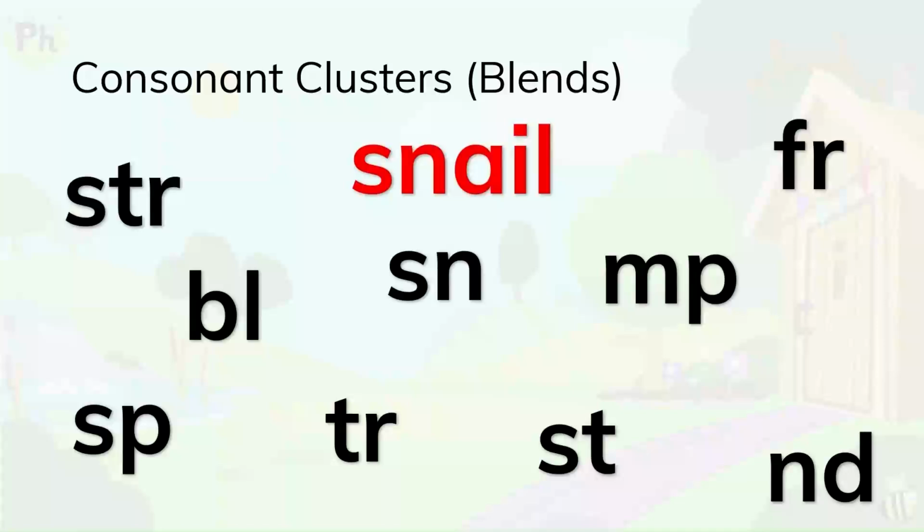A consonant cluster is a group of consonants. They're also called adjacent consonants, and some people call them consonant blends, initial blends, or final blends, depending on where they are in the word. When we teach children these, we don't want to teach them as a whole unit. We want to teach children the skill of blending so that they can blend these together.